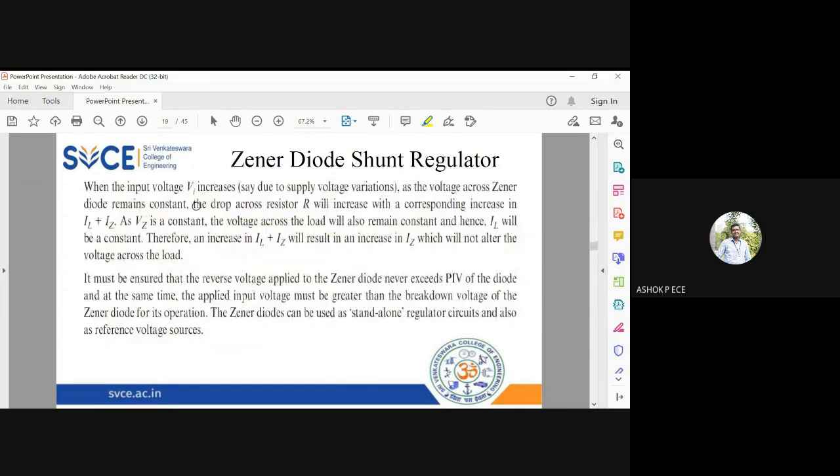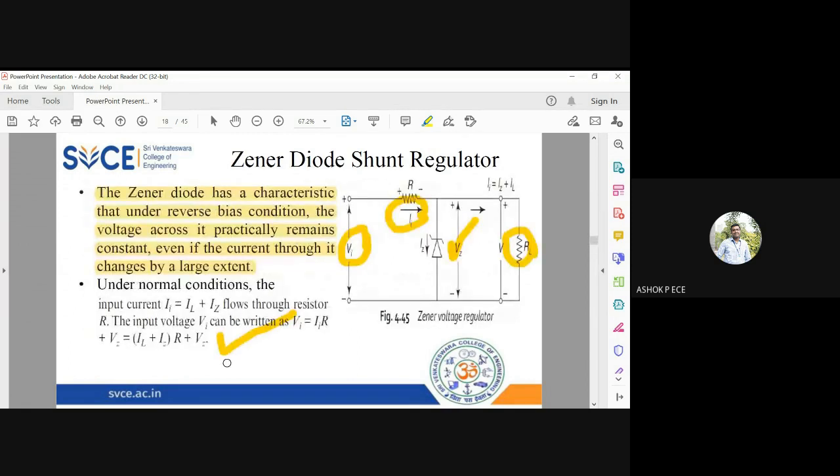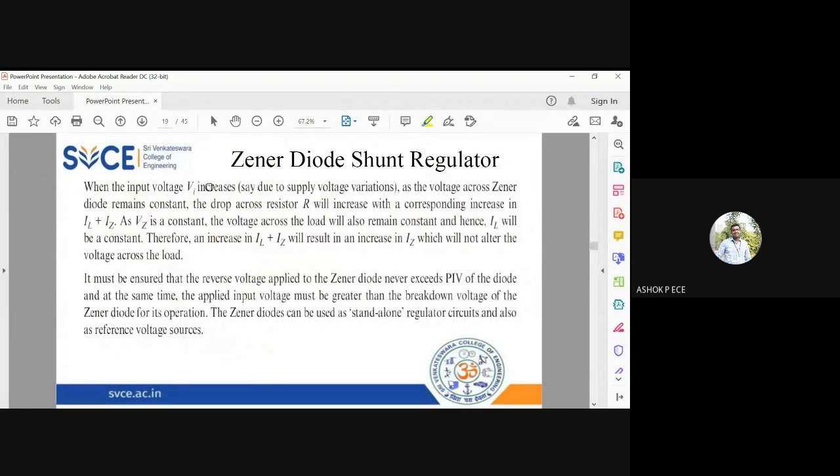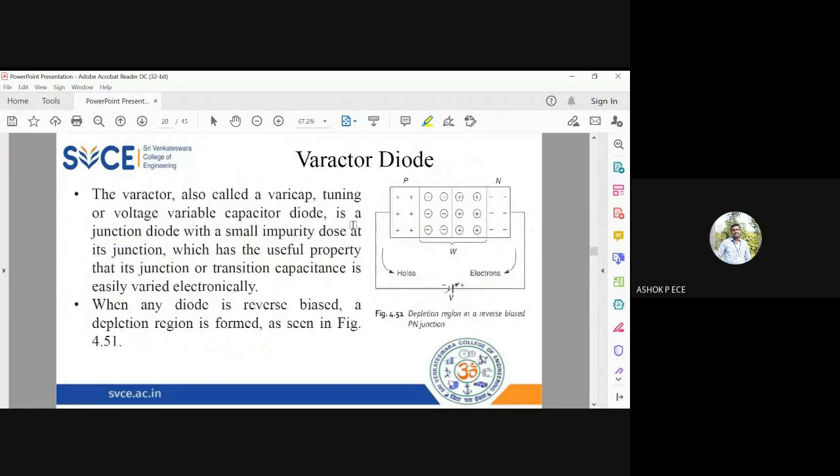So this equation is very simple, and it is used to design the Zener diode characteristics. Now let us consider that VI is going to increase. Due to some reason, the input voltage is going to increase. So see here, VI is increasing.